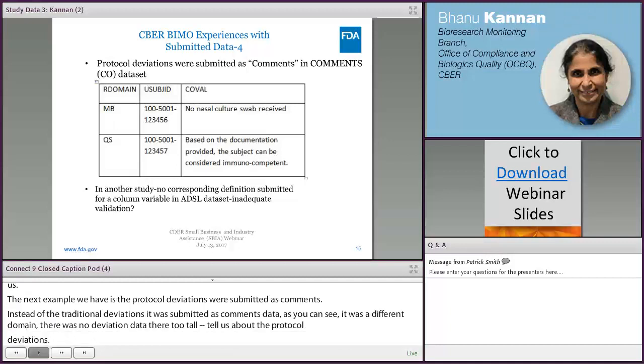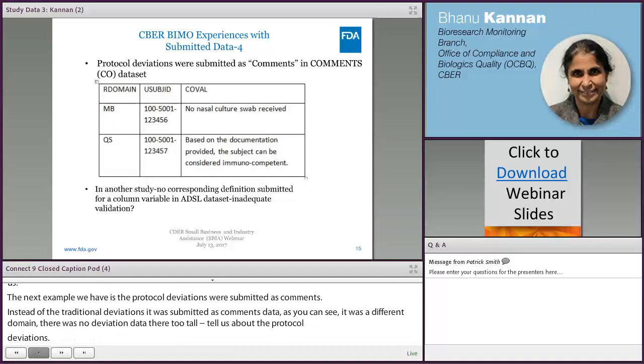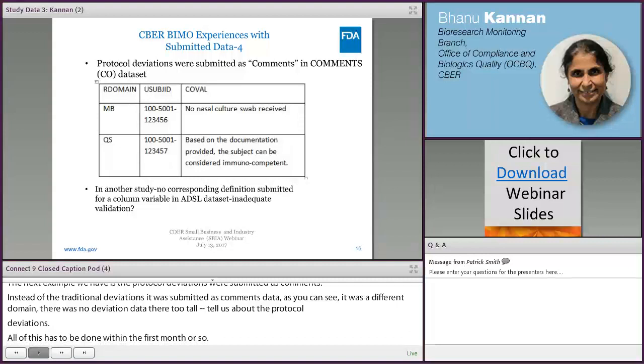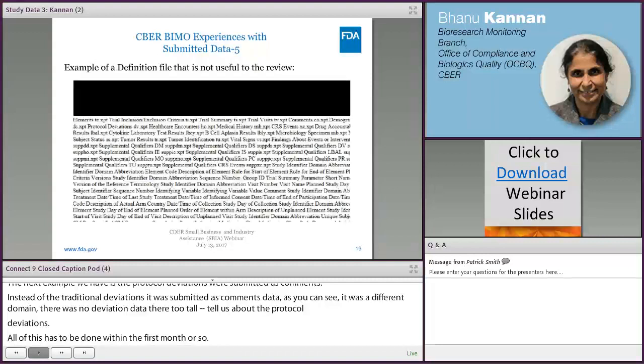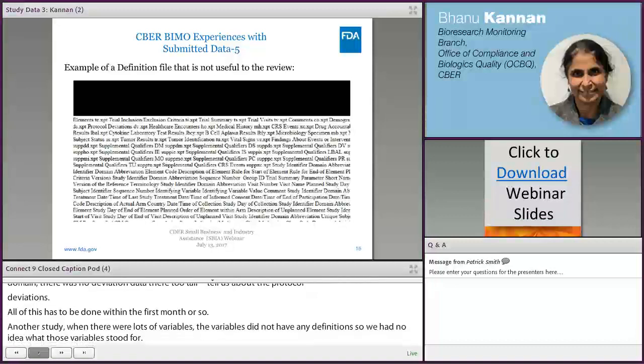And in another study, we noted that there were lots of variables. However, the variables did not have any definition, so we had no idea what those variables stood for. And this is an example wherein the definition file, I know earlier Ron had mentioned this and other speakers had alluded to, we want the definition file to be user-friendly.